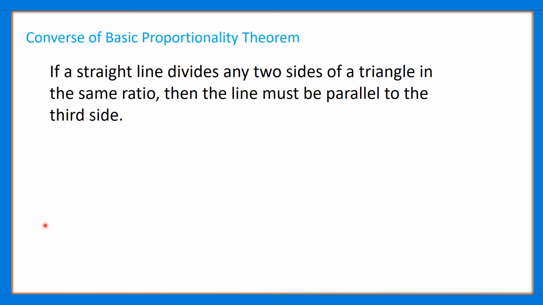The converse of the basic proportionality theorem tells us that if a straight line divides any two sides of a triangle in the same ratio, then the line must be parallel to the third side.